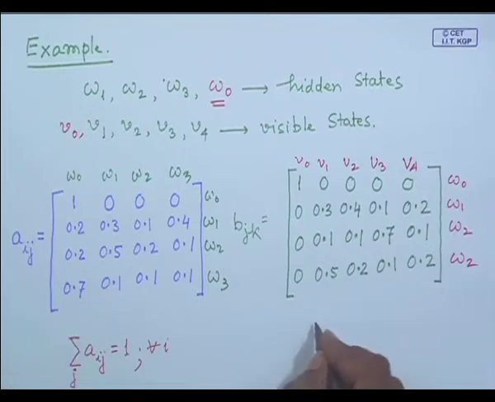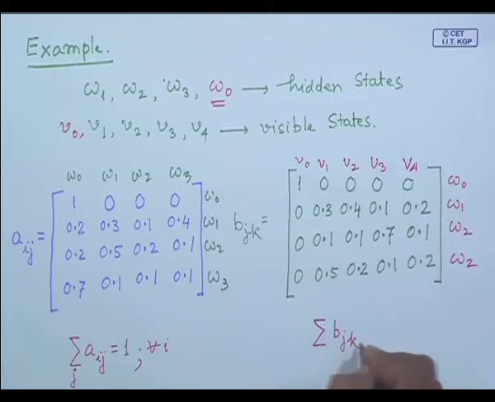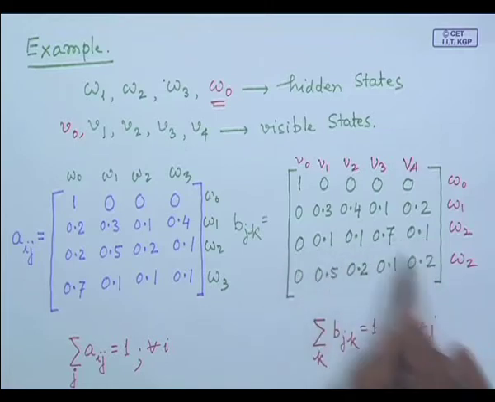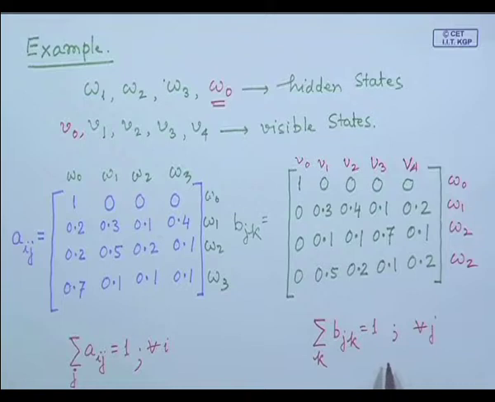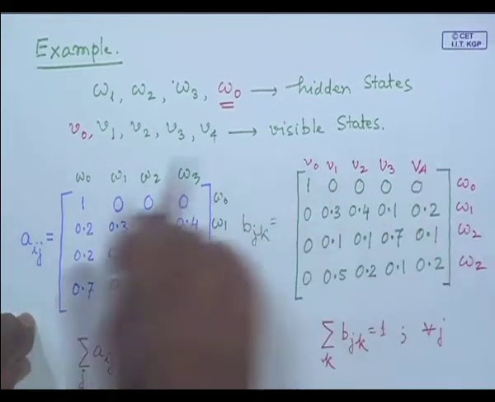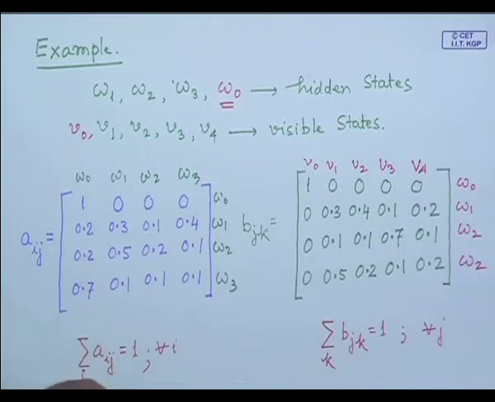Similarly, the other constraint that we said is that the sum of B j k, when you take the summation over k, will be equal to 1, and this is true for all j. So, here also you find that if you take the sum of all the elements in any of the rows, that is also equal to 1. So, these are the restrictions on these transition probabilities that we have to have.